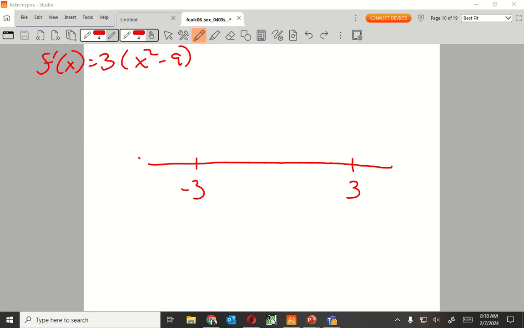So I know my graph is going up right here. Okay, so my graph is going to look like it's going up. I know it goes to a 0, and I just need to see what happens after that. So after negative 3, let's plug in negative 2.